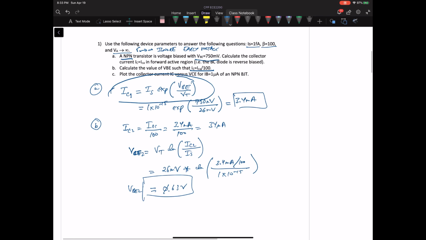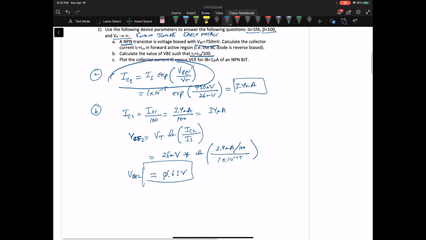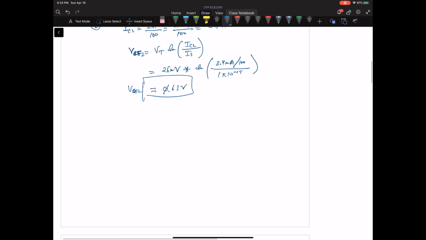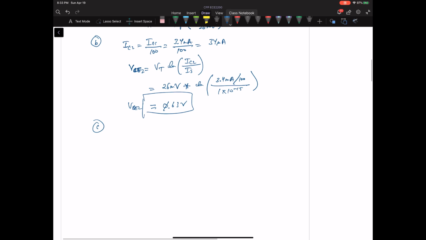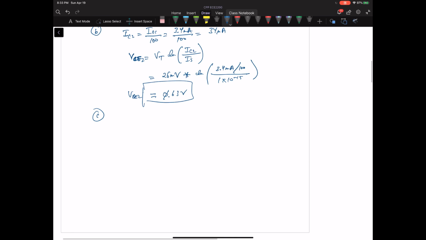And then we want to plot the collector current versus VCE. For C, it's given us an IB of 1 microamp.